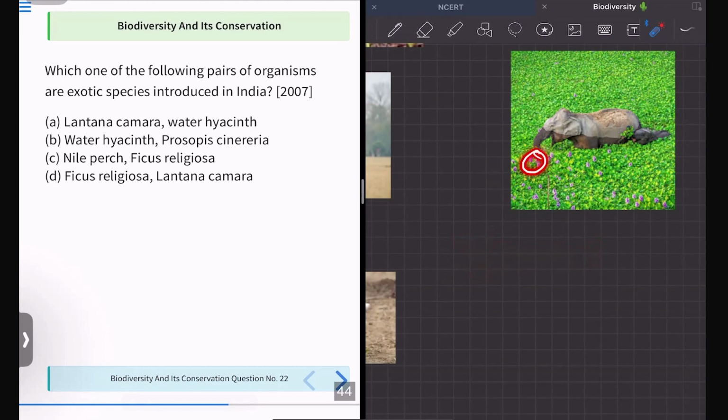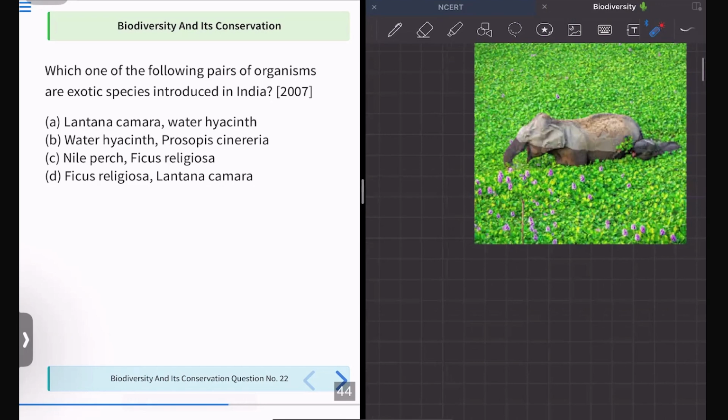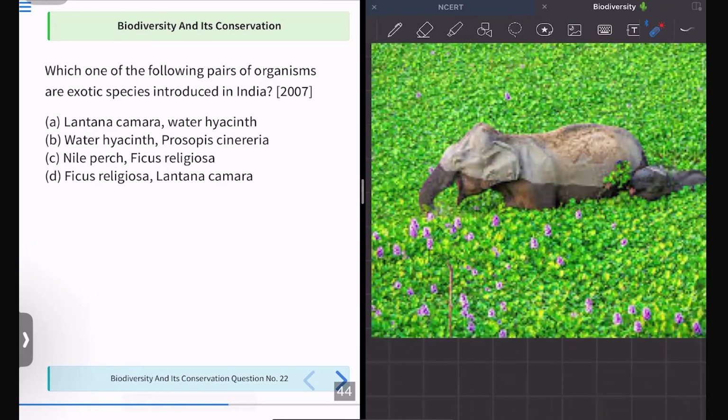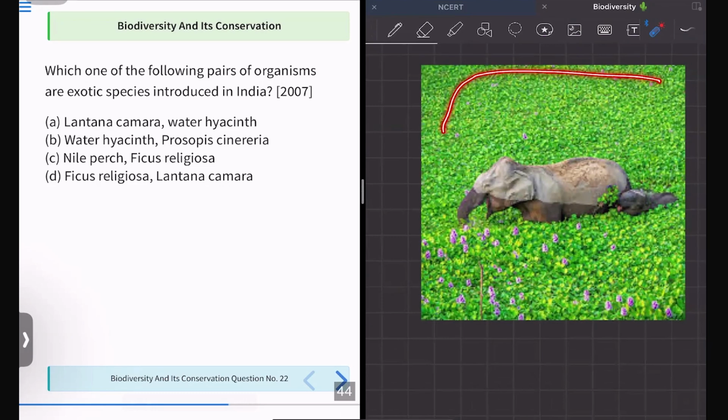These small plants are nothing but water hyacinth, and water hyacinth has excessive reproductive capacity. It is going to reproduce and spread all over our aquatic body. You can see this elephant is wet from below, so it actually shows that water is there. But apart from that, if you just see this area and this area, I am sure you will not be able to see any water.